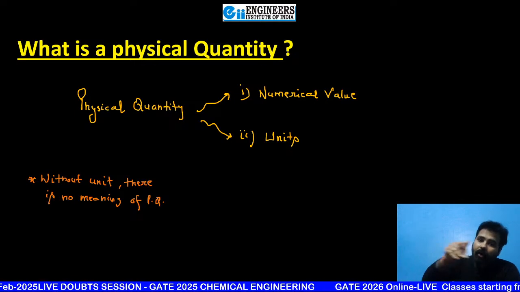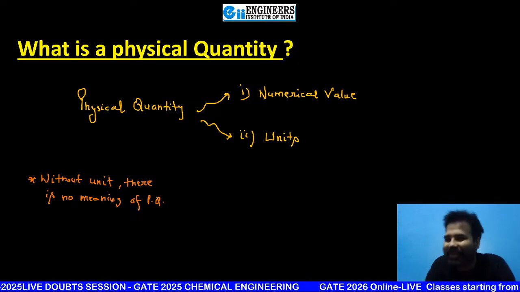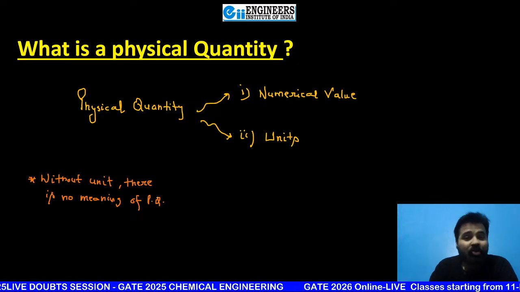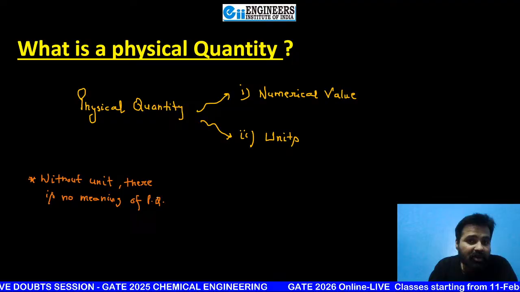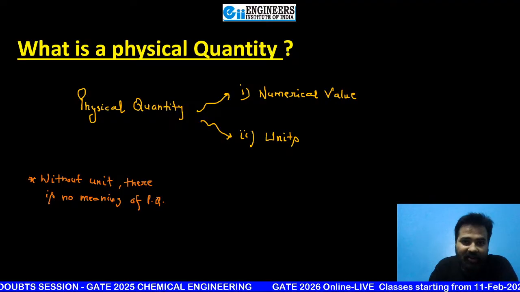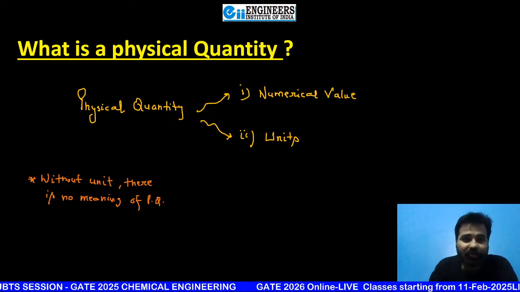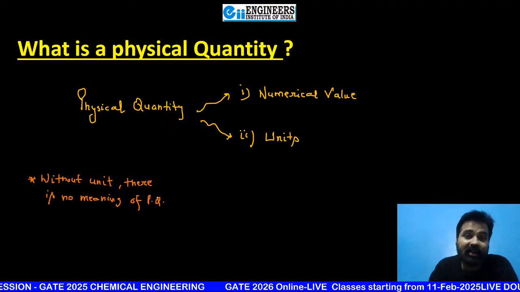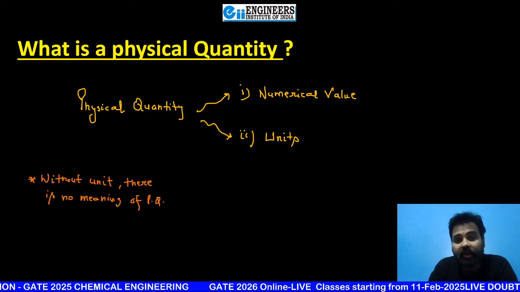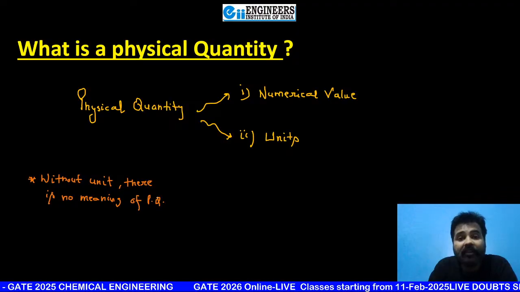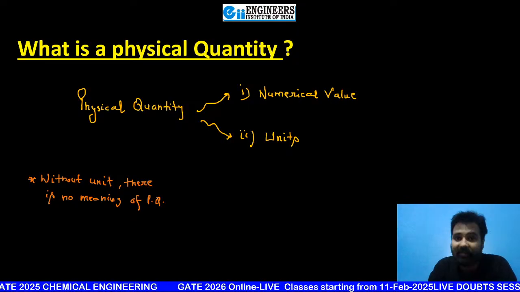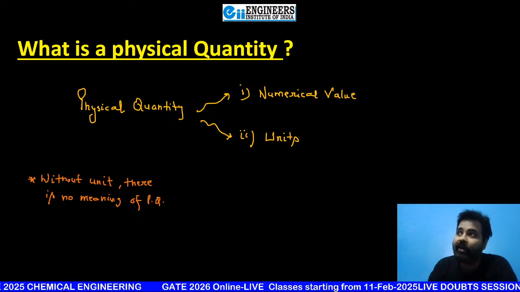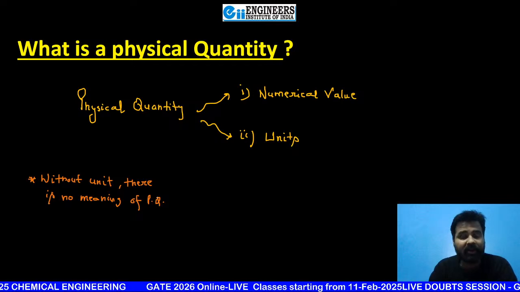From today, my dear students, don't make these mistakes again in your whole life. Whenever anyone asks you about a physical quantity, like mass, volume, force, you can't tell them without the unit. Length, 100, what is 100? 100 centimeter, 100 kilometer, 100 mile?